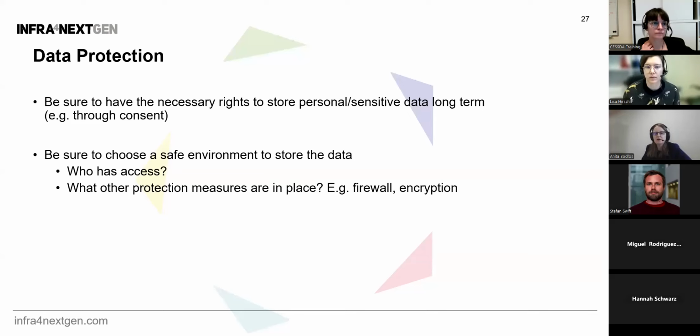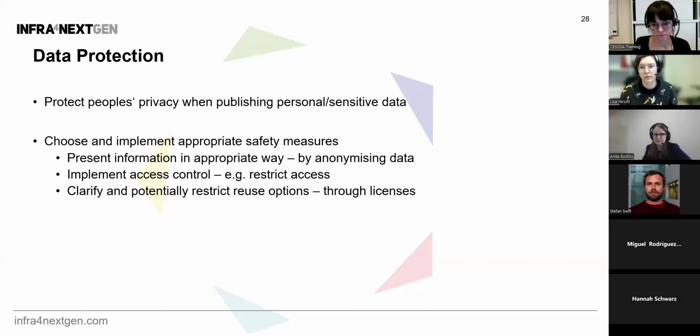For instance, lay out clear roles: who has access to your research data during the lifetime of your research project, who has access to the non-anonymized data. Is it necessary that, for instance, all your student assistants have access to this data? If someone leaves the team, be sure to remove his or her access privileges. And what other protection measures are in place? For instance, is there a firewall in place? Do you work with encryption software to protect your personal data?